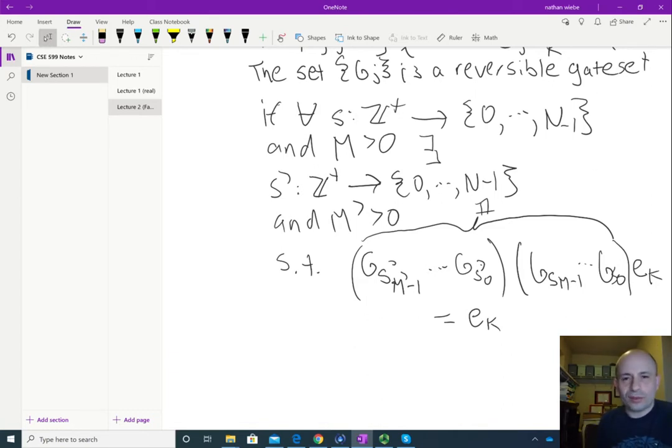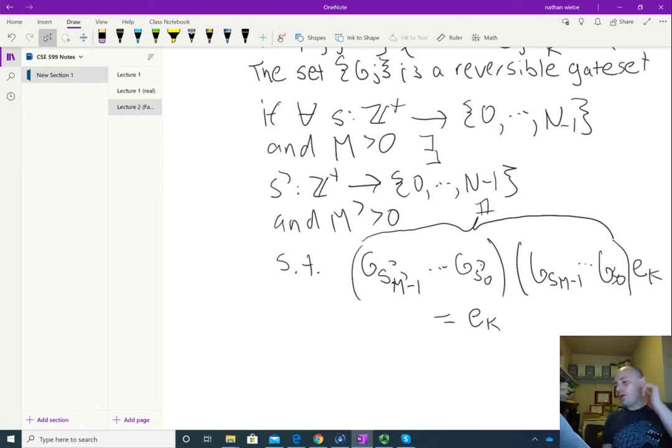There are some circumstances where it's conceivable that you could have operations which may not necessarily be in your gate set, but would be needed to invert the gate sequence that you have. So that's why I wanted to be very careful about the specification. So a reversible gate set is a set of gates where you can invert, but the inverse also is a sequence of gates that you can express inside the gate set. Okay, and that's basically that.